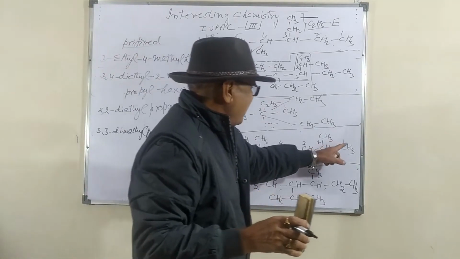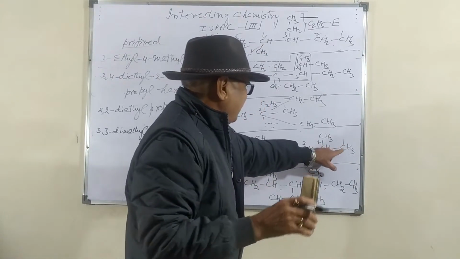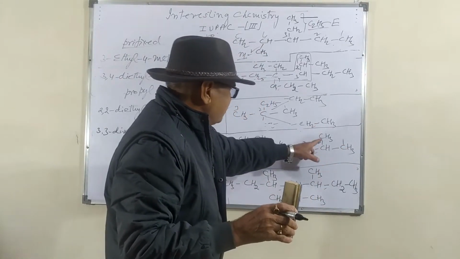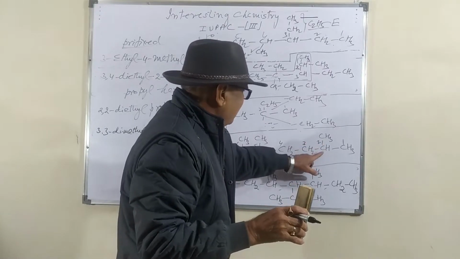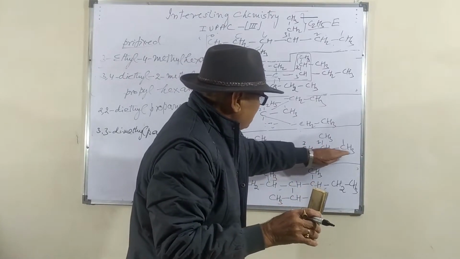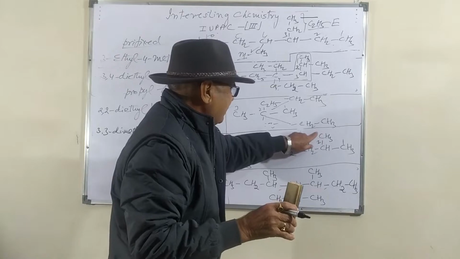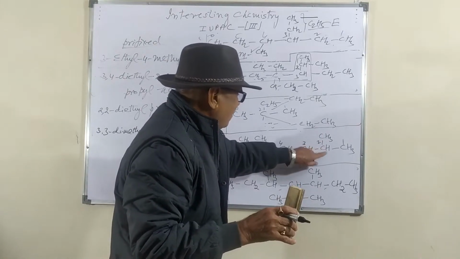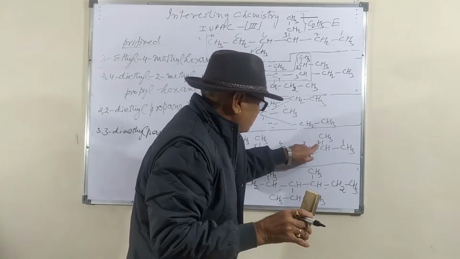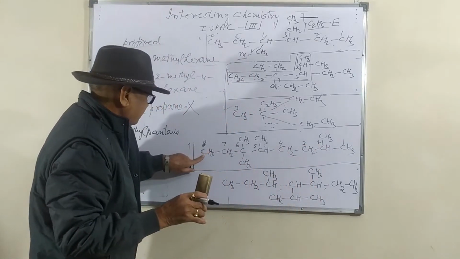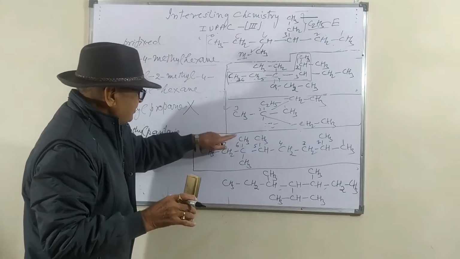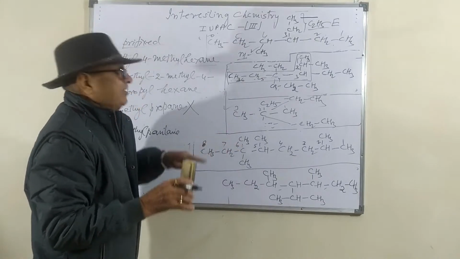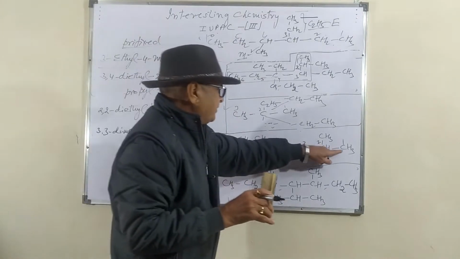Why did you start from this end? Because CH3 has the lowest position from this end. This methyl group has the least location number on this end, because here it is 2, and if you start from the other end, the CH3 will get the number 3. So this will be right.